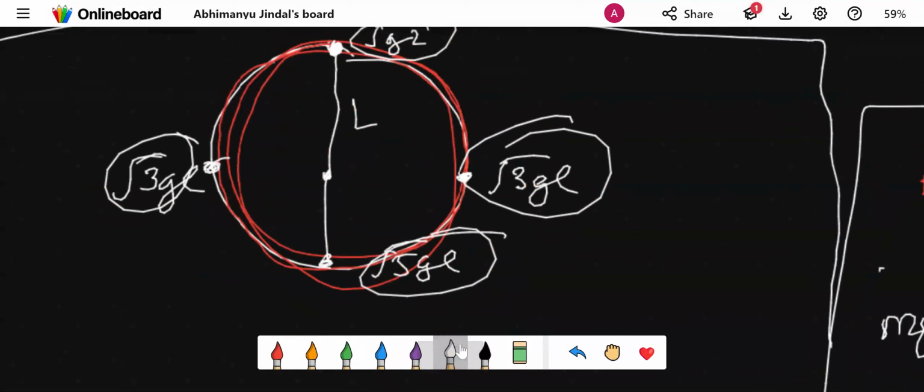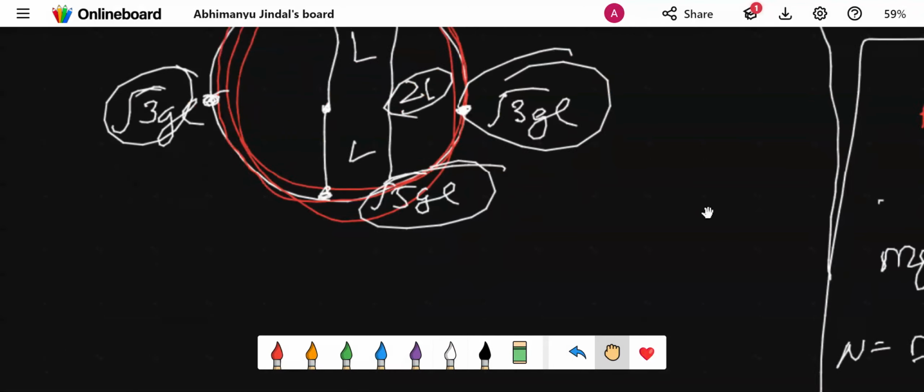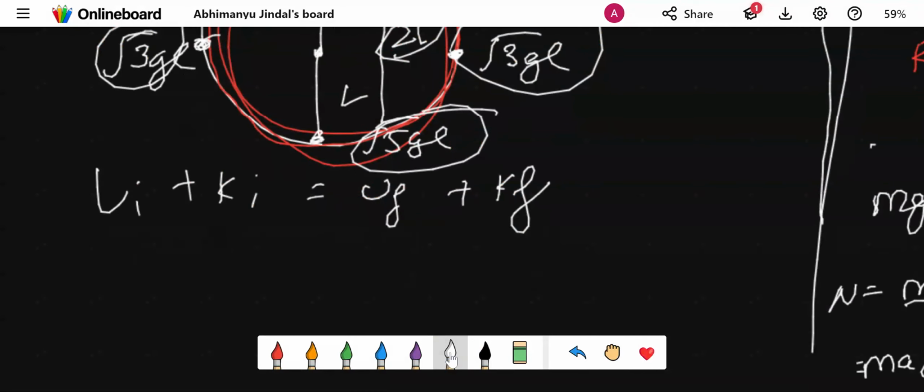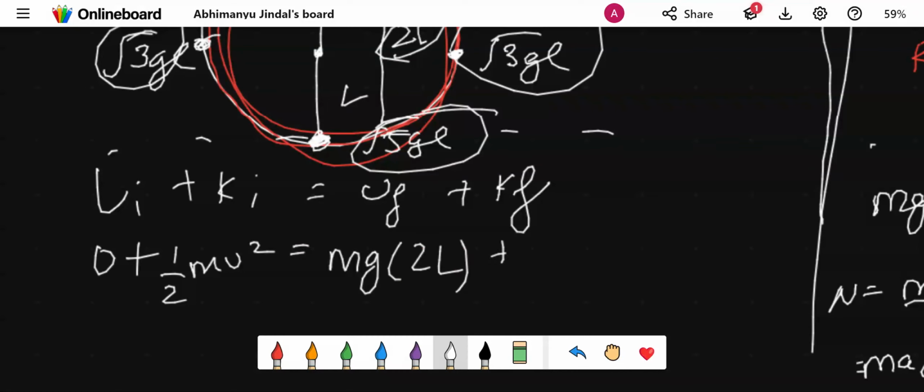So let's start. If this is L, and this is L, this whole height is 2L. Let's use U_i plus K_i equals U_f plus K_f. So 0 plus half mu square, because this is the reference, started from here, equals U_f, which is mg into 2L, plus K_f.